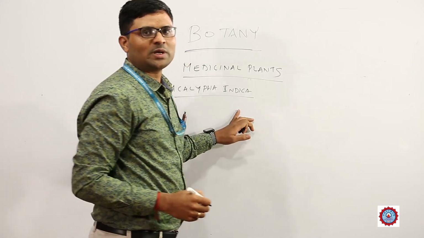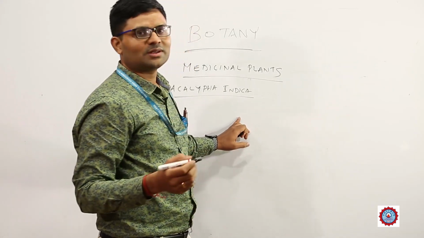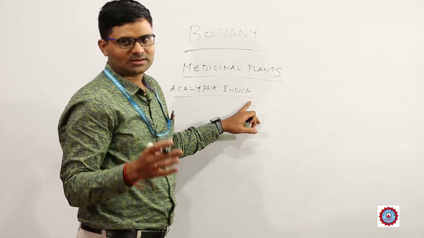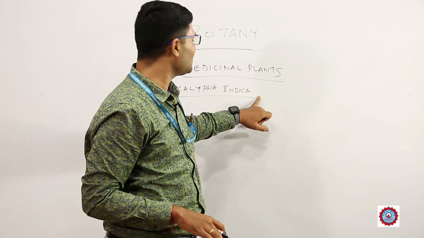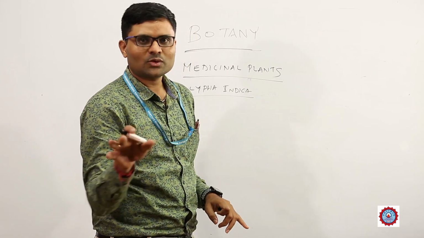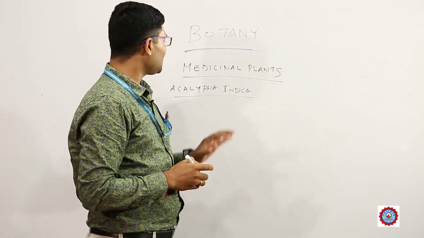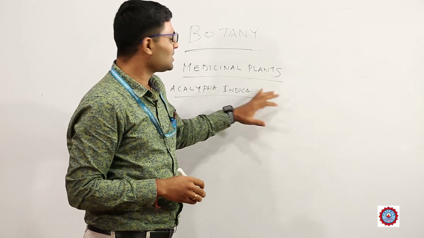In Tamil it is known as Kuppaimeni. You would find this plant anywhere. It's not a plant which is rare to see. You will see this plant everywhere in and around your areas, but we don't use it properly.